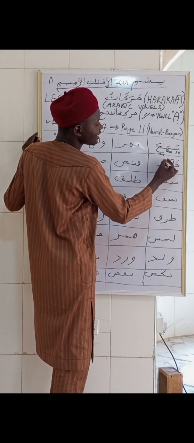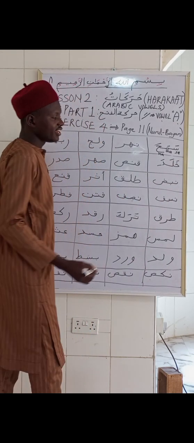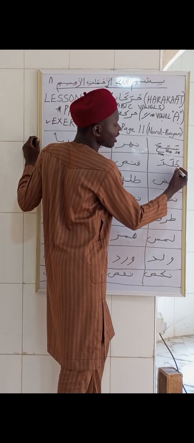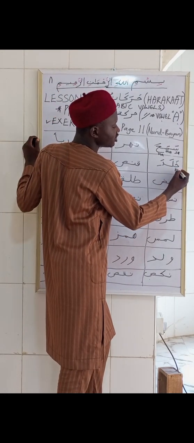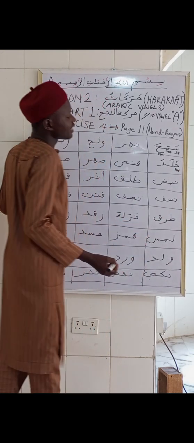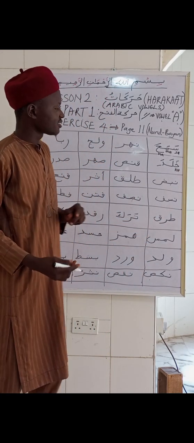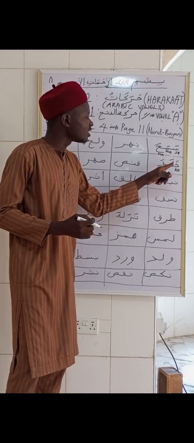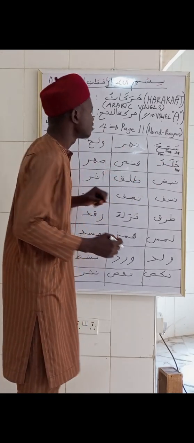The next one is Kha, la, da. Say it. Kha can be represented with KH. That is why I gave us an example yesterday that if you want to spell Khadija, it starts with Kha.